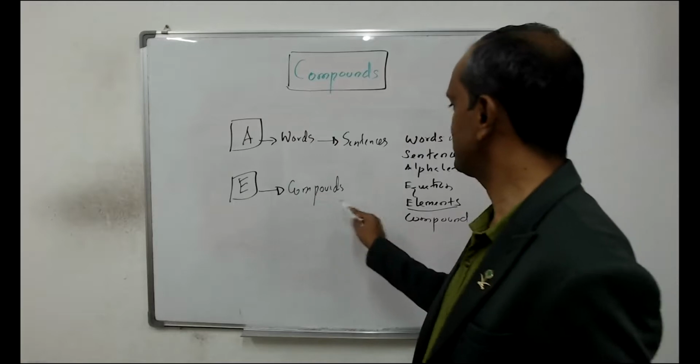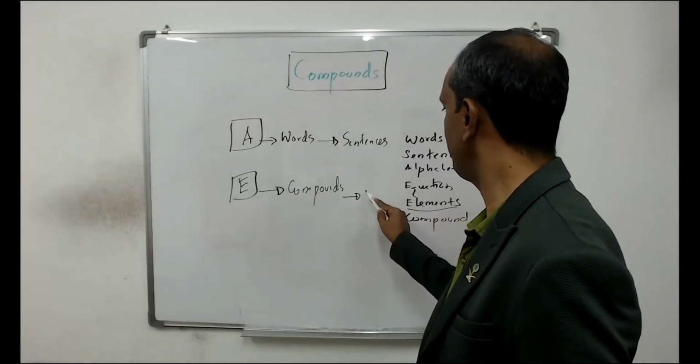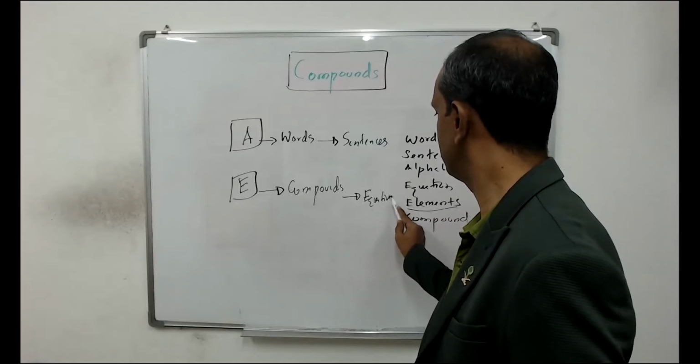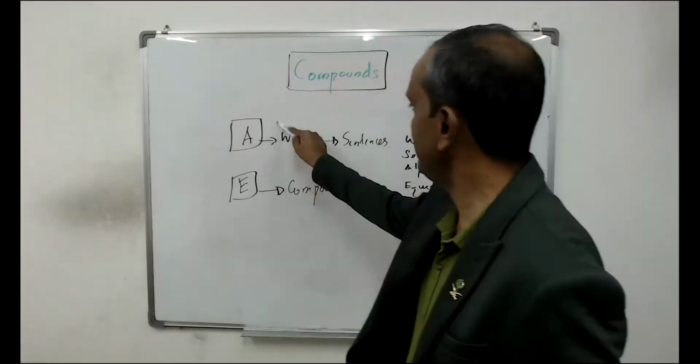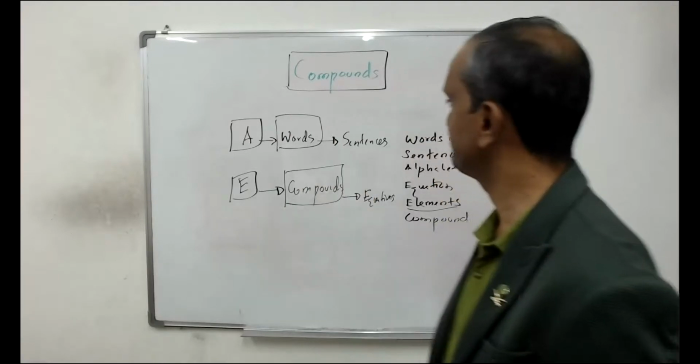A collection of compounds, put together in a certain principle, forms a chemical equation. Now there is a strong relationship between words and chemical compounds.